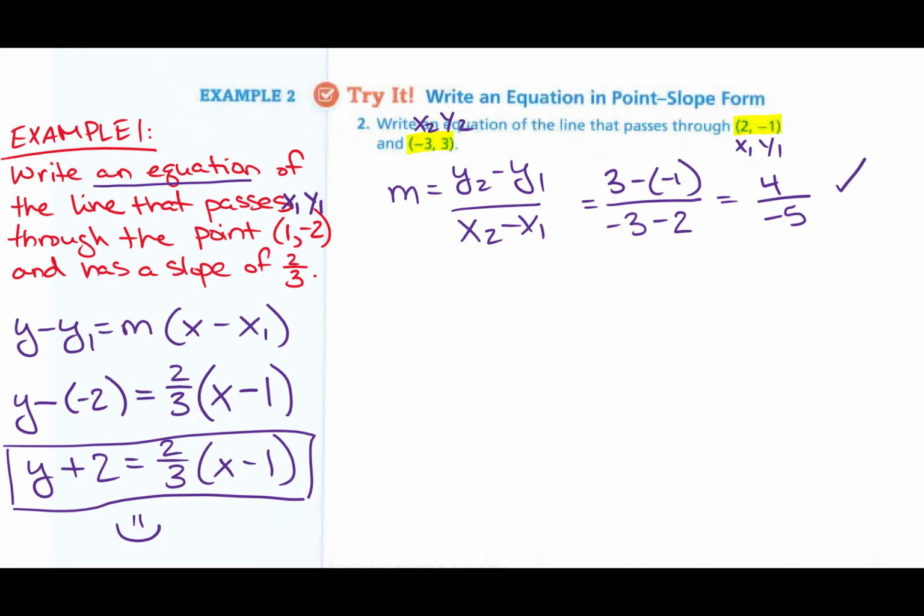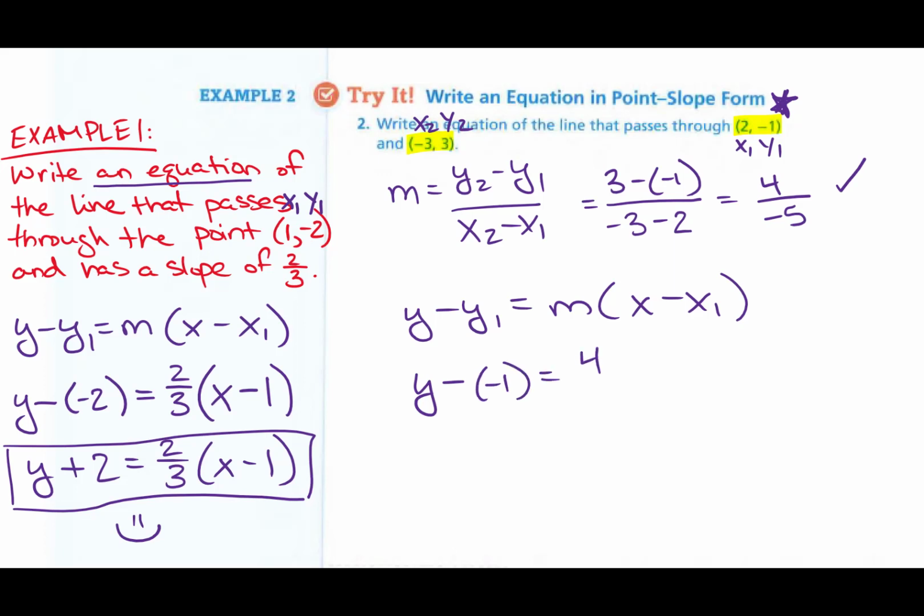So now that we have our slope, this problem becomes very similar to example 1. So we'll plug this in, using our point slope form, y minus y1 is equal to m times x minus x1. And there's really 2 answers. You could pick either point for your x1, y1. So I'm going to do y minus, we'll pick this first point, y minus -1 is equal to our slope.